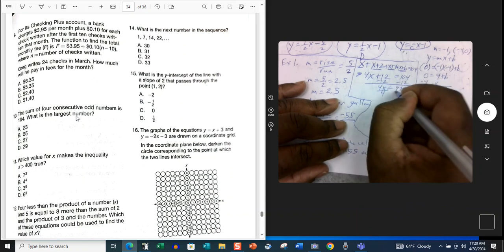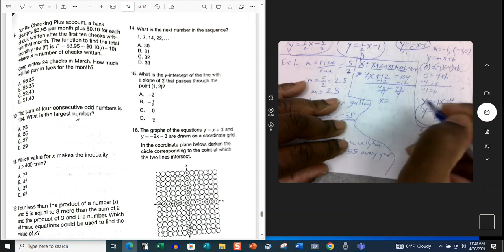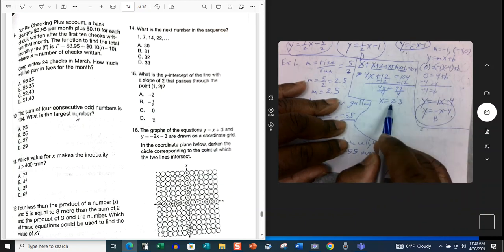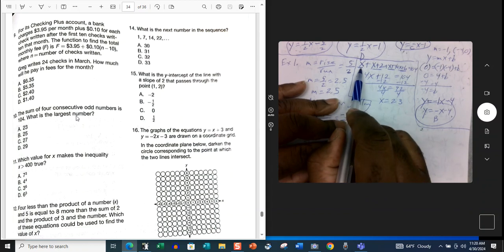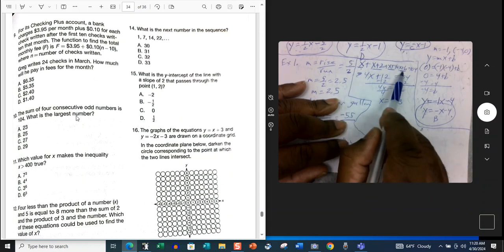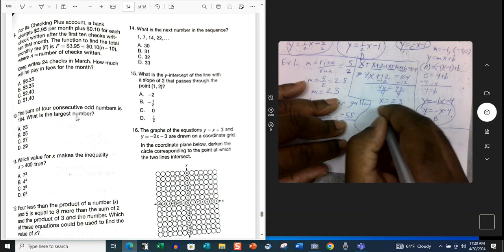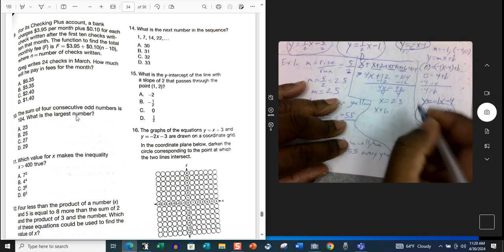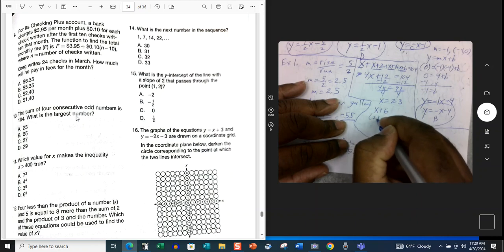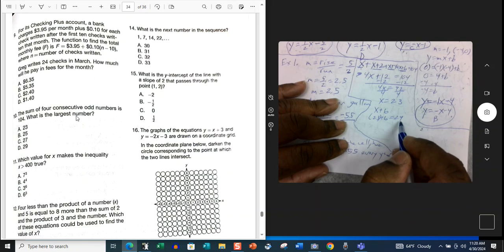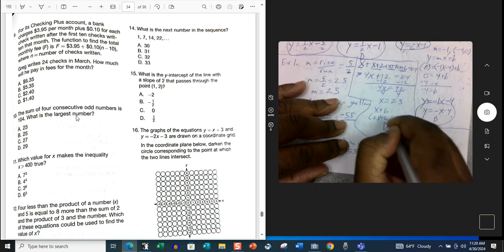We divide each side by 4, and x is equal to 23. So remember, 23 is the lowest number. They want the highest number, which would be x plus 6. So we would have to take x plus 6, and we'll substitute in 23 for x. 23 plus 6 is 29. So your answer here is D.